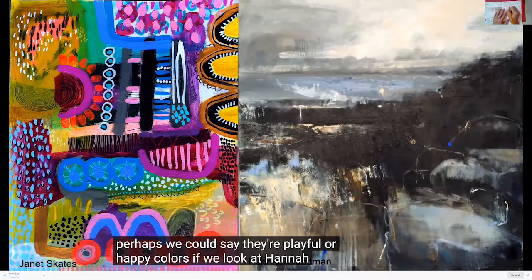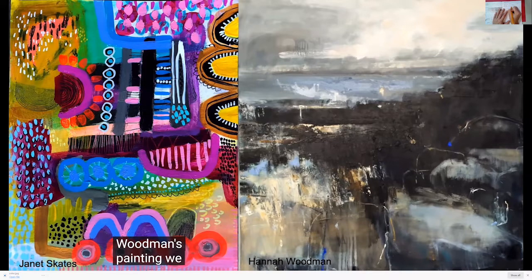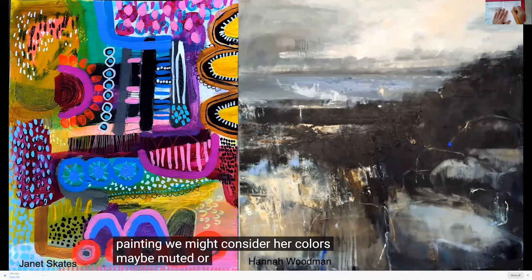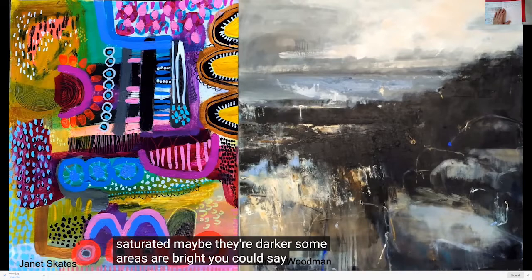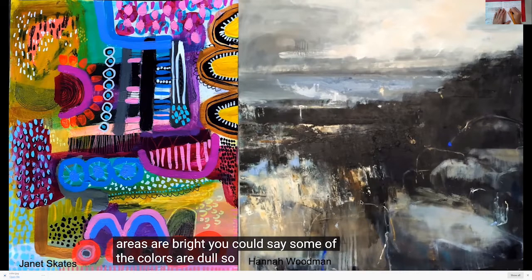If we look at Hannah Woodman's painting, we might consider her colors maybe muted or neutral or desaturated. Maybe they're darker. Some areas are bright. You could say some of the colors are dull. So there are lots of different adjectives that we can use to describe colors.